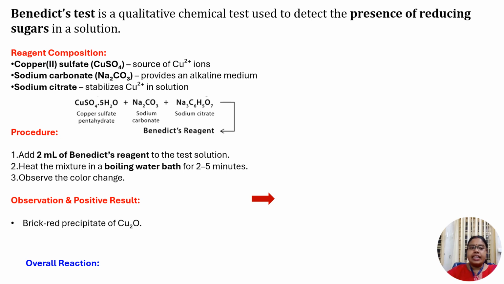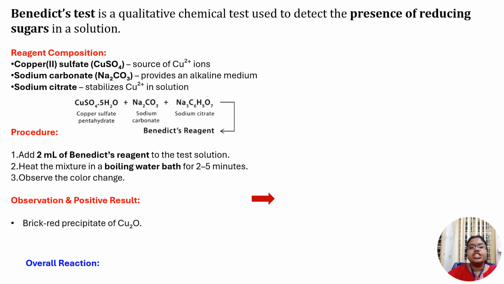The Benedict test is a qualitative chemical test used to detect the presence of reducing sugar in a solution. That means, for the presence of an aldehyde or keto group, we can perform this test. What is Benedict reagent?